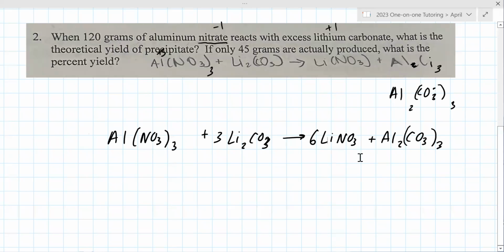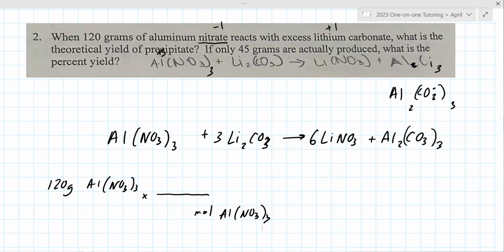All right. When 120 grams of aluminum nitrate reacts, so we're starting out with 120 grams of Al(NO3)3, and you need the molar mass of that. Let me go find a molar mass calculator. I really like this one from Lenntech.